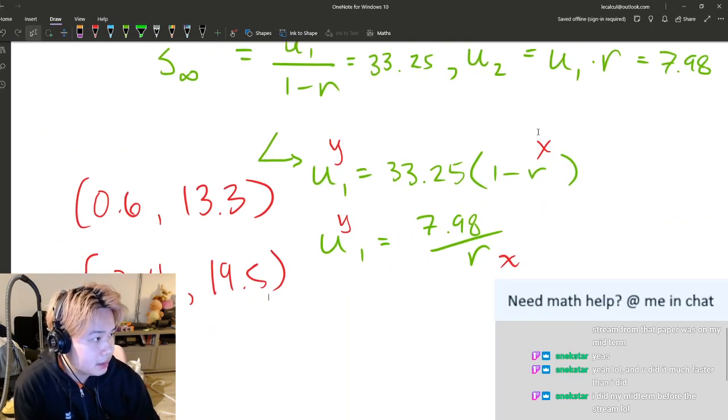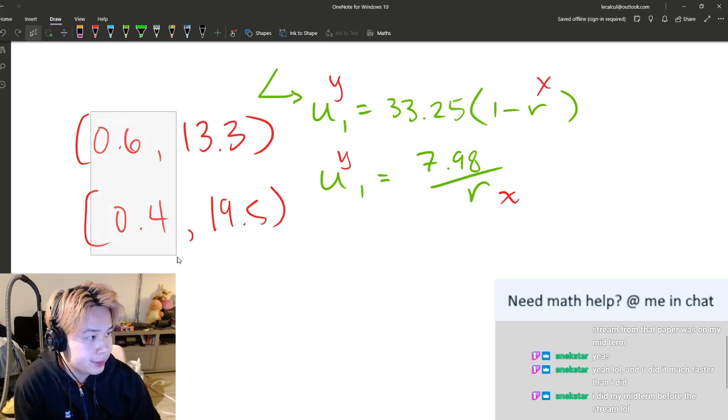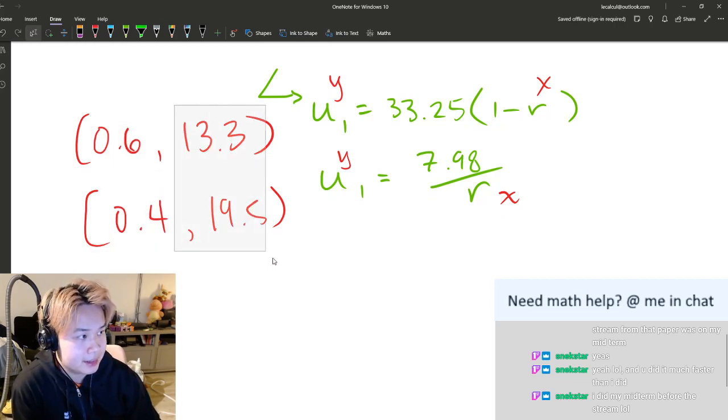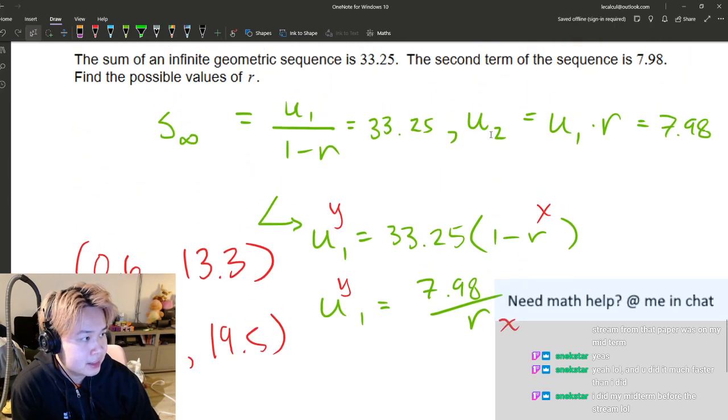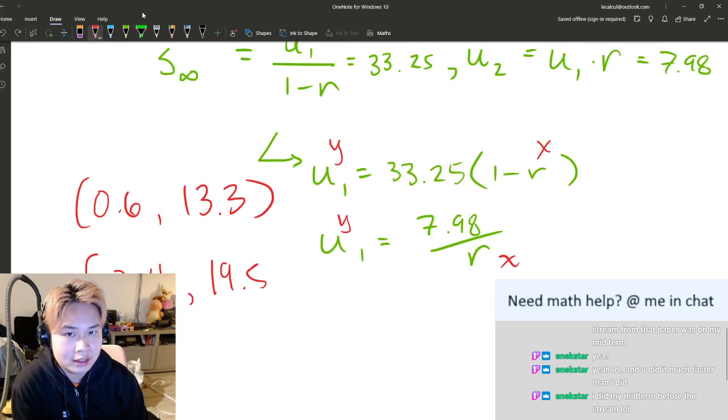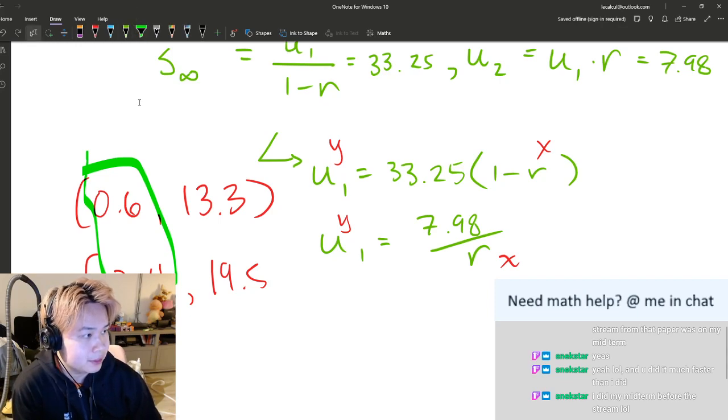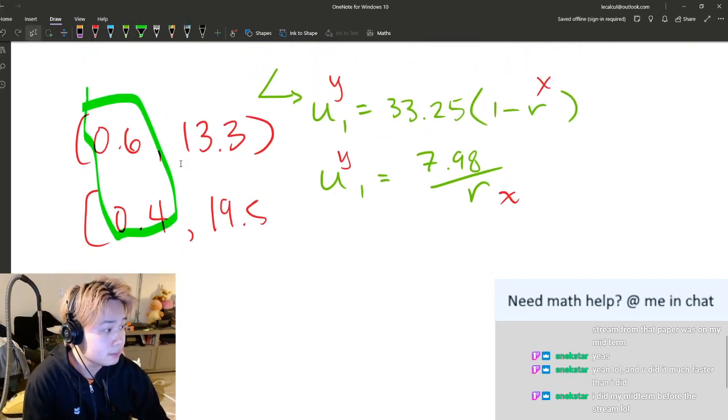And again, just think about which variable is represented by the x coordinate and then the y coordinate. X's are my r's, and then the question just wants the possible values of r. So there they are. My two possible values, 0.6 and 0.4.